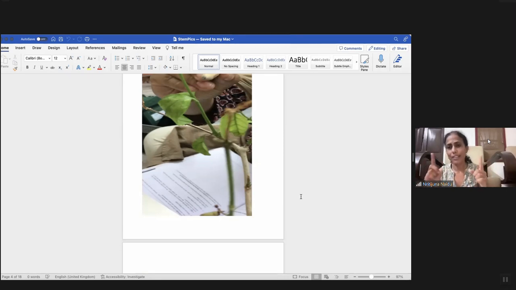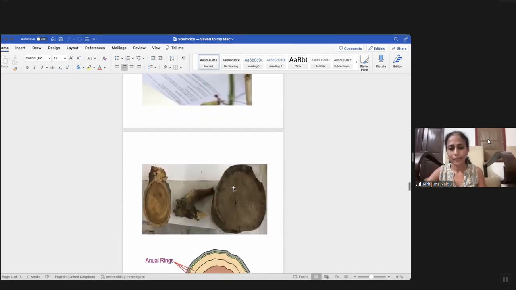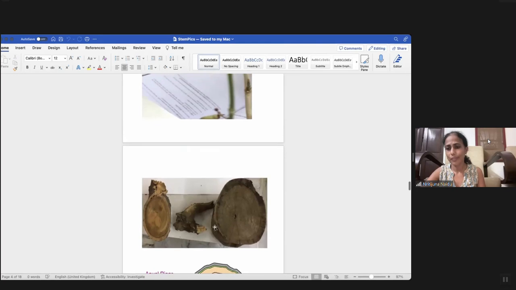Different plants, such as monocots and dicots, have different kinds of inner parts. So you need a cross section of that. Also a cross section of a tree trunk.